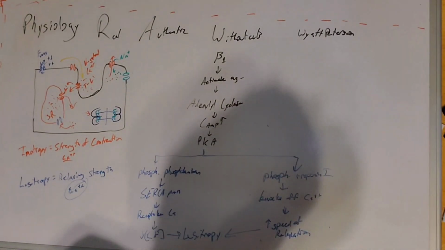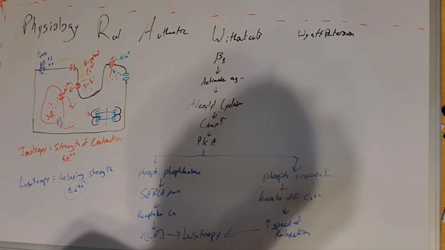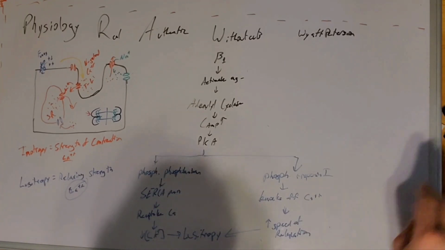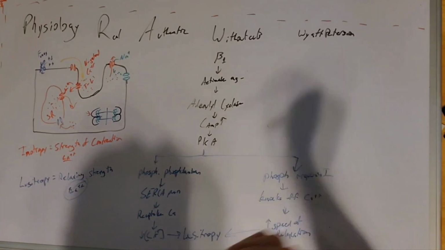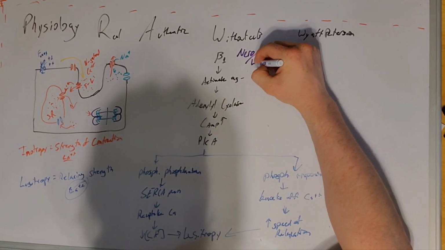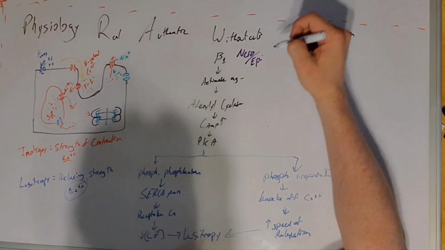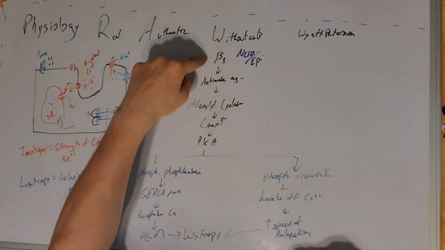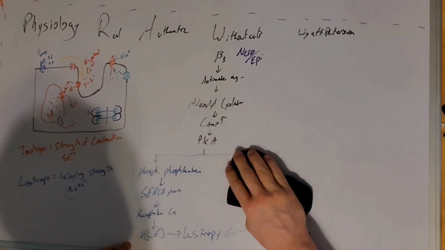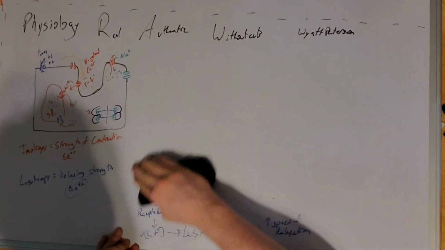So let me move on over to the, where is it? Oh, acetylcholine. So this is right here. I'll just write it out. Norepinephrine or epinephrine will bind to the beta-1 receptors. So let's move on a little bit.